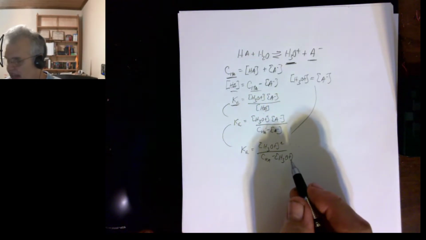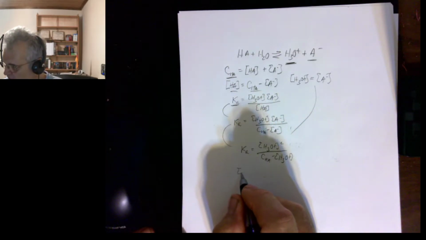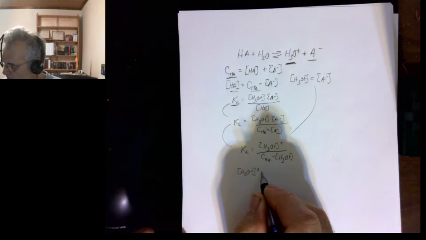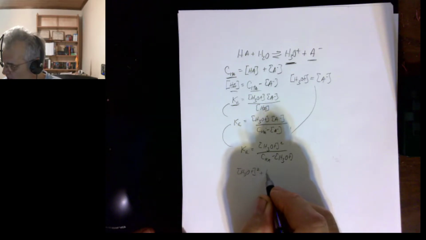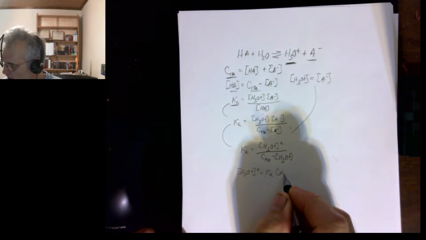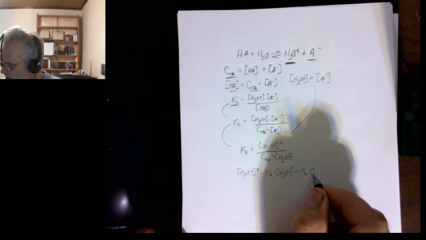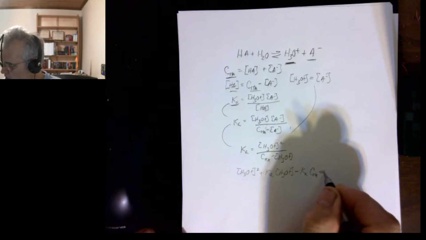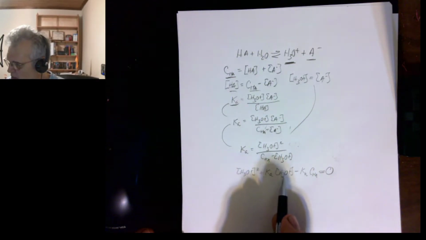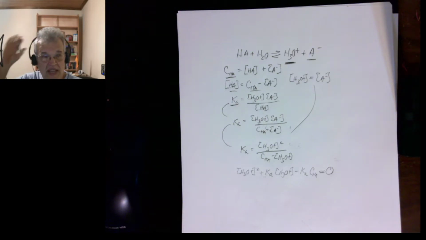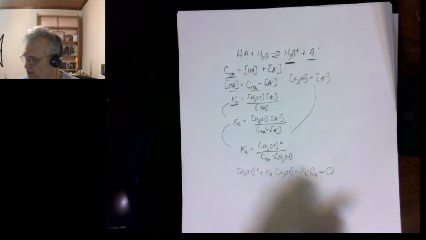And that becomes a quadratic in the hydronium ion concentration: [H3O+]^2 plus Ka times [H3O+] minus Ka times C_HA equals 0. That's our a, b, and c terms for our quadratic equation. We can solve for that, get the hydronium ion concentration, and determine the pH, which is usually what we're looking for.